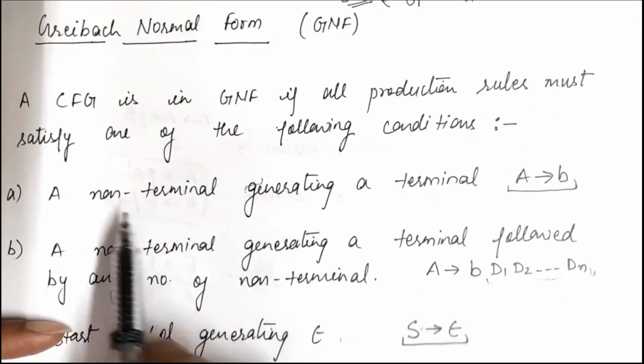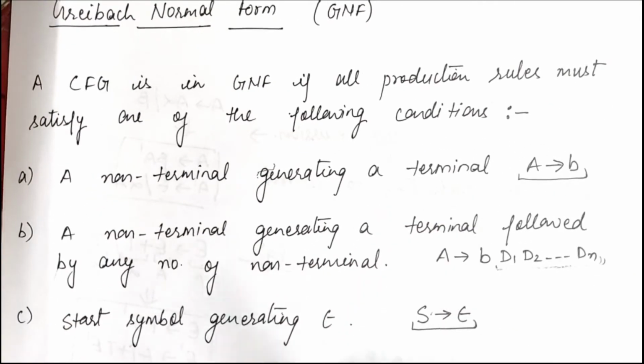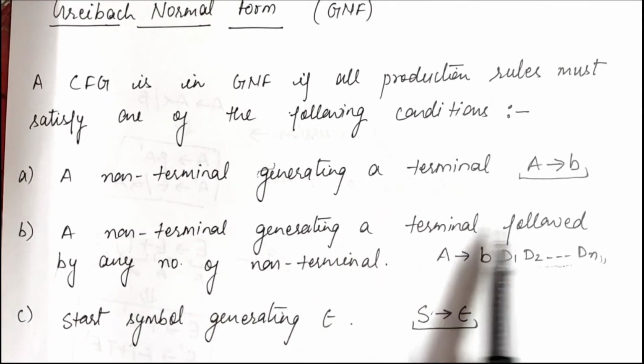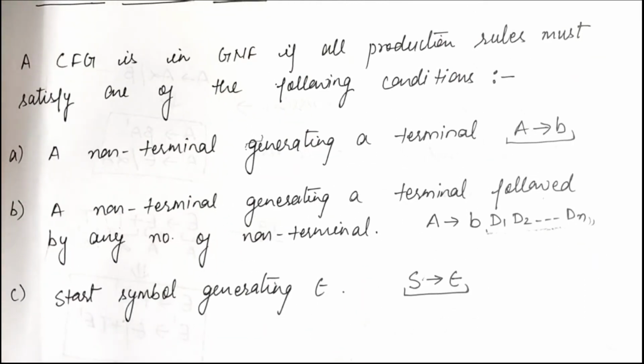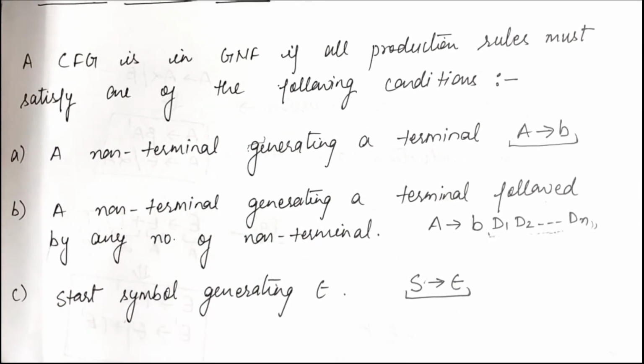What is the form of GNF? A non-terminal generating a terminal, or a non-terminal generating a terminal followed by any number of non-terminals, or the starting symbol generating epsilon. If one of these conditions is satisfied for a particular grammar, then that grammar is said to be in Greibach normal form.